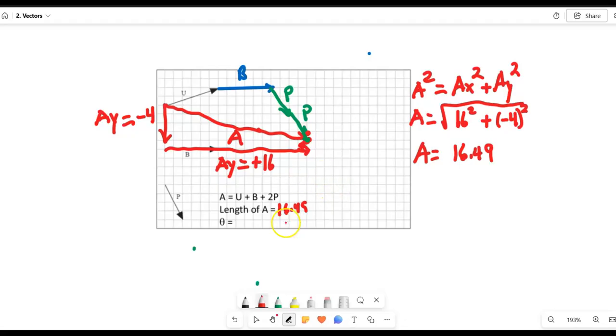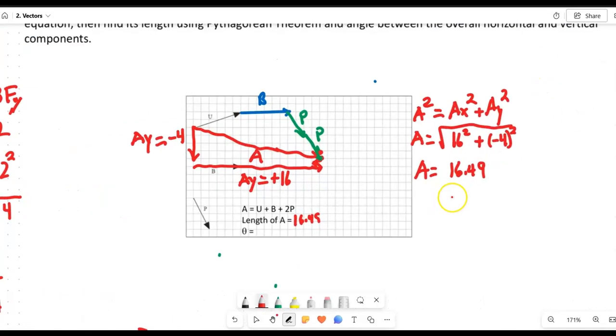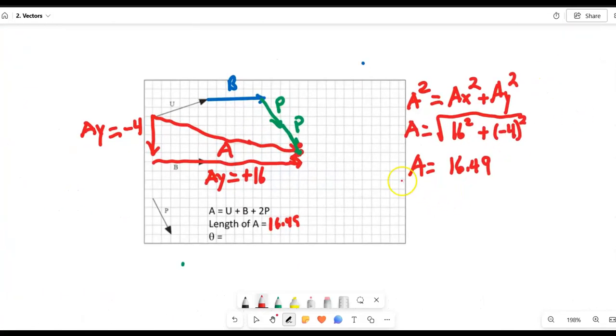Now for theta, well, we're supposed to take the components, the angle between the overall horizontal and vertical. So we've made a triangle, which is down 4 and over 16. So we could take this as theta or this as theta.